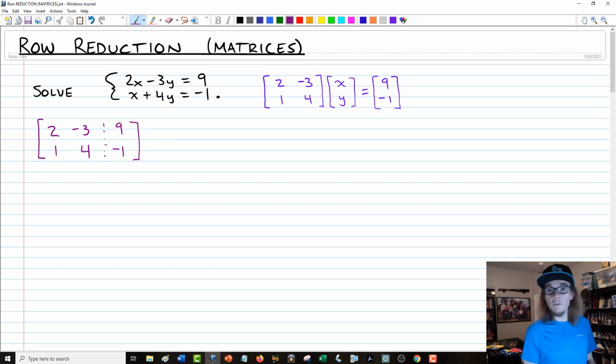This matrix, technically a 2x3 augmented matrix, will allow us to transform it into reduced row echelon form. That will look like 1, 0, 0, 1, the 2x2 identity matrix, on the left side. And on the right side, we'll end up with two numbers, which are going to be our x-coordinate and our y-coordinate.